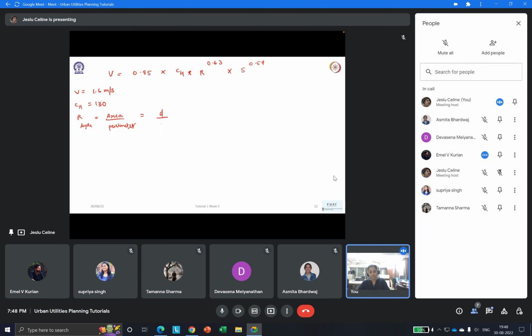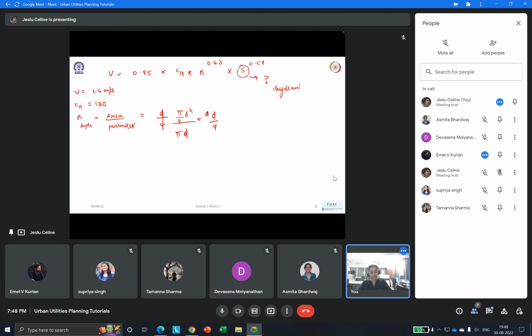If I take pi by 4 d square divided by perimeter, we will get d by 4 as the hydraulic radius. Fine. Now S is what we have been asked to find, the hydraulic gradient line.